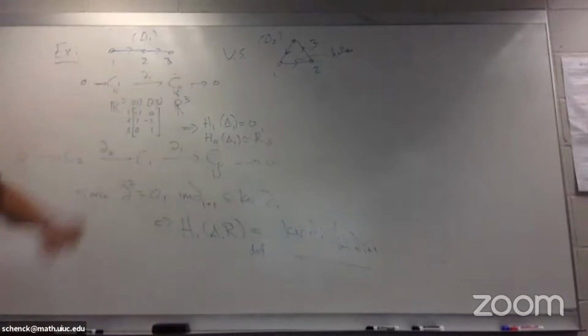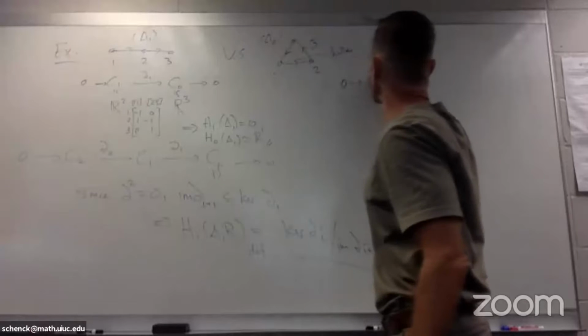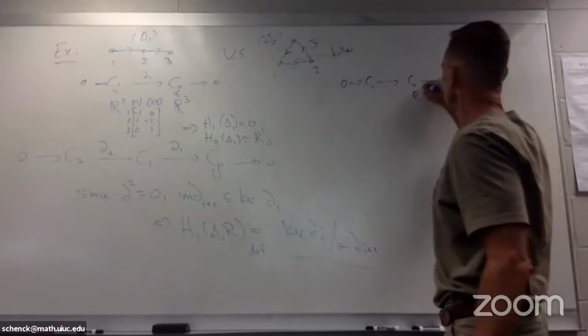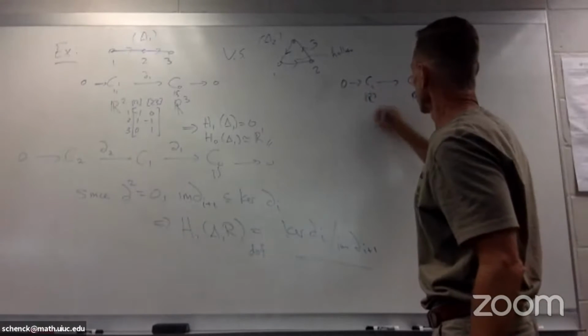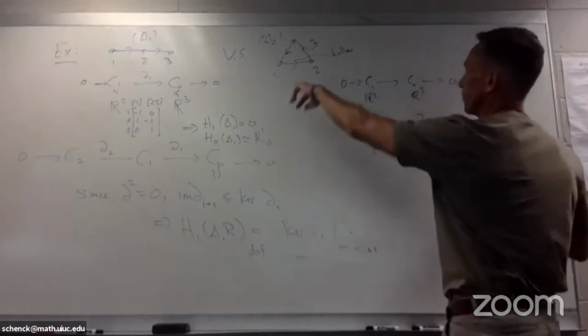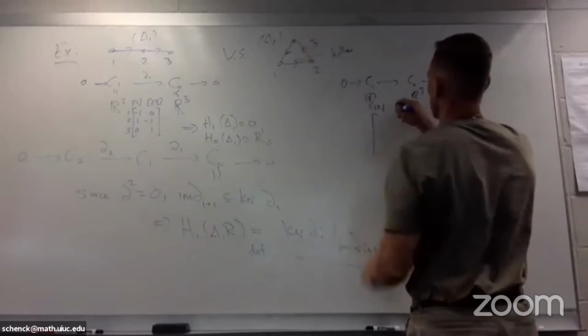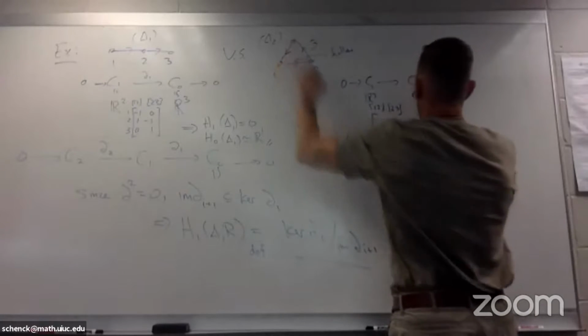Let's do the same homology computation here. Over here, we've got 0 goes to C1, C0 goes to 0. Same thing, R^3, but this time I have three edges, so this is R^3. Let's write down our little boundary map. My edges are 1, 2, 2, 3, and 3, 1.